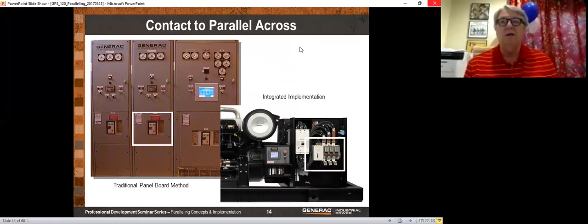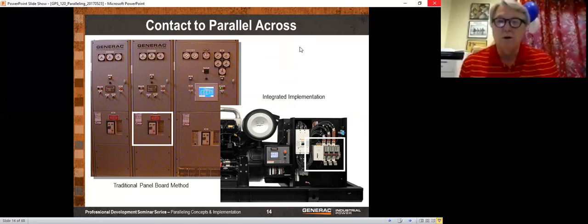Now, in paralleling switchgear, that circuit breaker is in the paralleling switchgear, generally inside in an electrical room. And in this particular picture that you're looking at, for the paralleling switchgear on the left, the rightmost cabinet is your master cabinet. And then you have two generators, and each of those generators has its own vertical section.